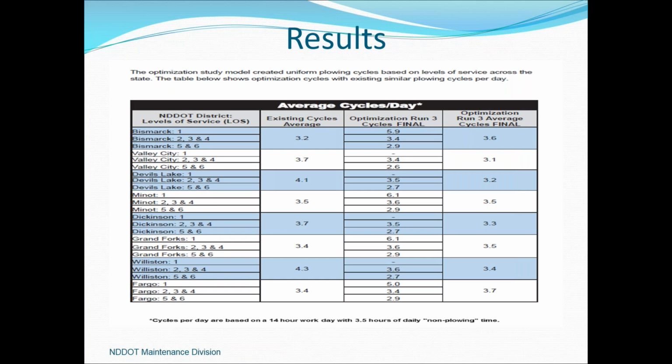Some of our districts that don't have a lot of or have no interstate and not that many interregional roadways, they're the ones that you can see a significant difference. Their service or cycles per day actually hurt. Like Devil's Lake, they used to have 4.1 cycles per day. They're down to 3.2 cycles per day.